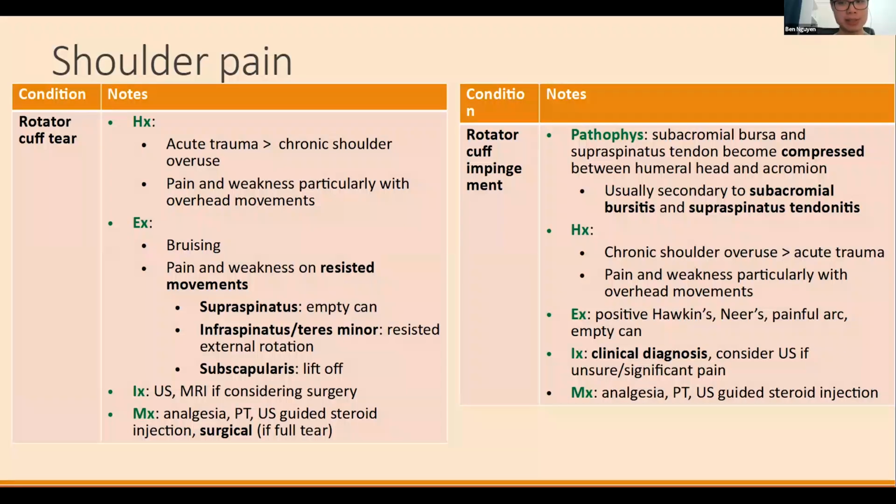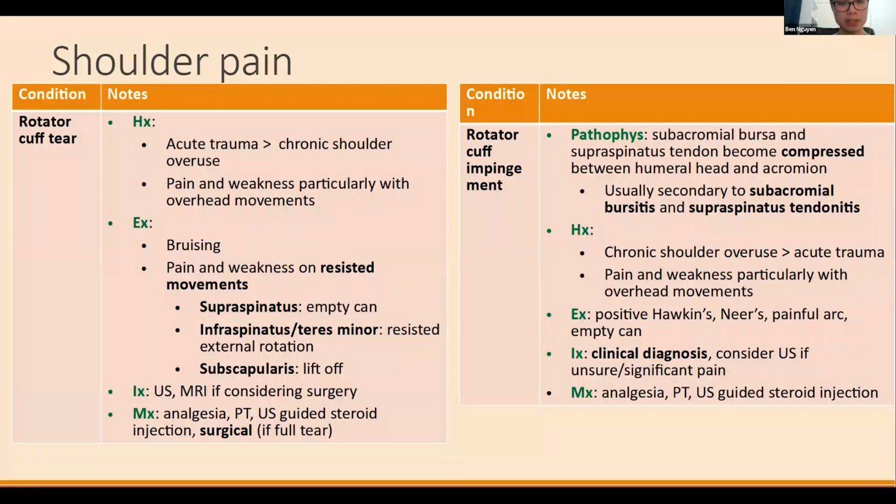Whereas an impingement is where there's pain when the shoulder structures are put in certain positions because the bursa or the tendons are impinged or squeezed in between the structures. And that usually occurs with bursitis or tendonitis.